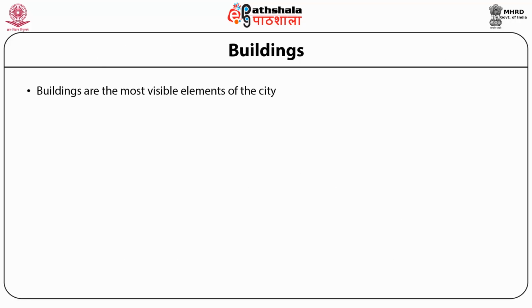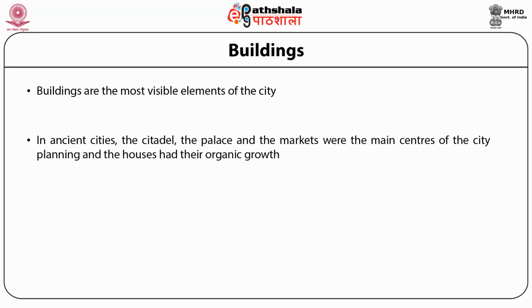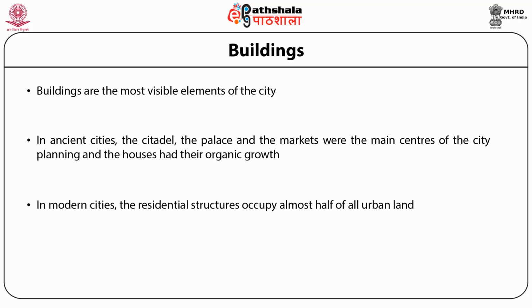Buildings. Buildings are the most visible element of the city, the features that give each city a unique character. While in ancient cities, the citadel, the palace, and the markets were the main centers of the city planning, and the houses had their organic growth, in modern cities, the residential structures occupy almost half of the urban land, with the building types ranging from scattered single family homes to dense high rise apartments.